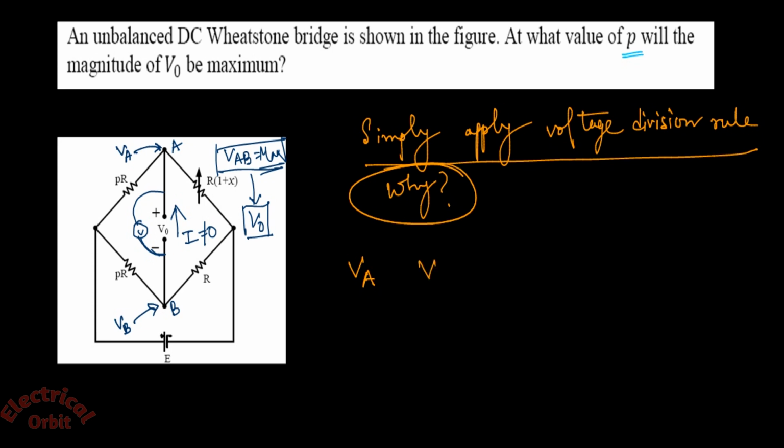Whenever we take the difference between VA and VB, then only we can calculate the value of V0 according to the question. For that reason, we have to apply the voltage division.